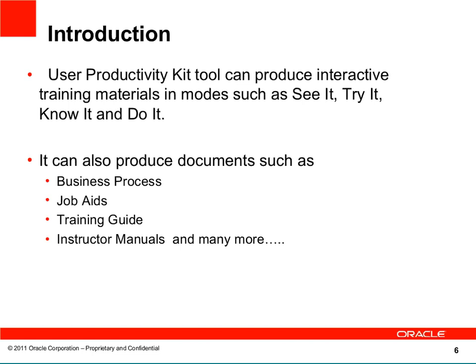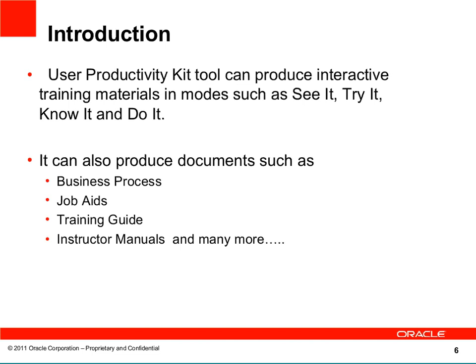Also Do It and Print It. Print It is an optional mode. The training materials can be accessed using a web browser. That is only possible if you place the training material on a web server. You have to deploy this on a web server.